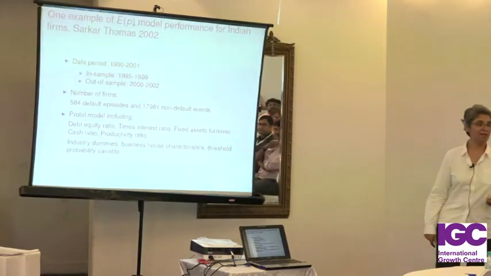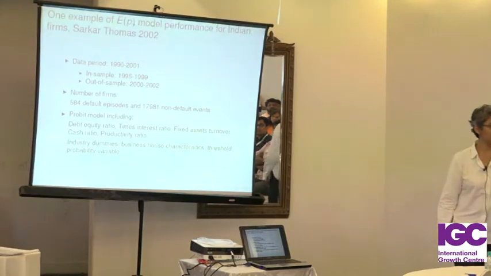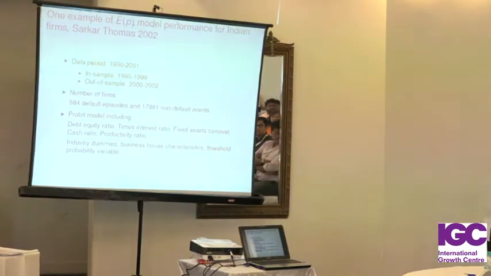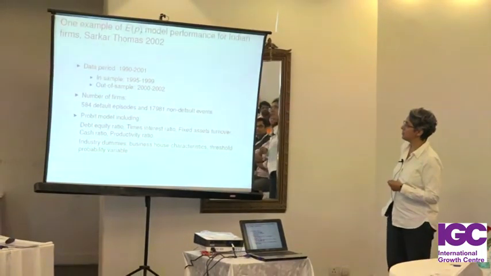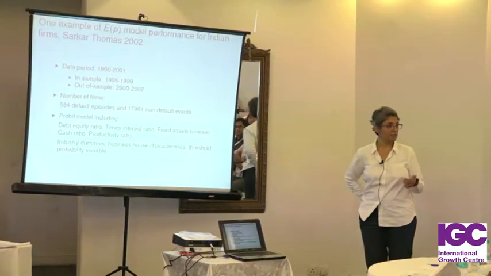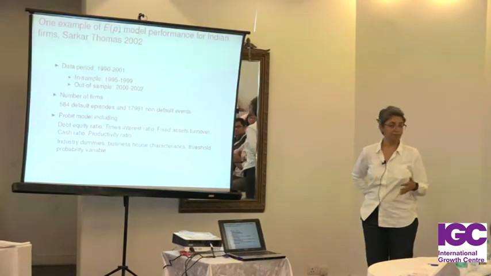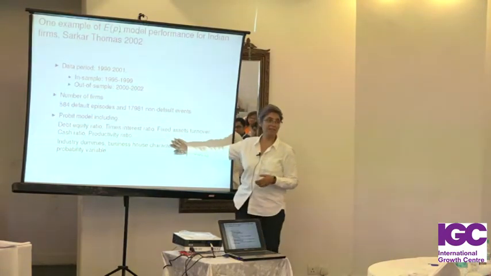So, my moment of glory. One example of an EP model, that's the expected probability of default model. Subrato Sarkar and I, in 2002, used this data to come up with an alternative to the Altman model for India. Okay? As I said, Altman had 5 ratios.